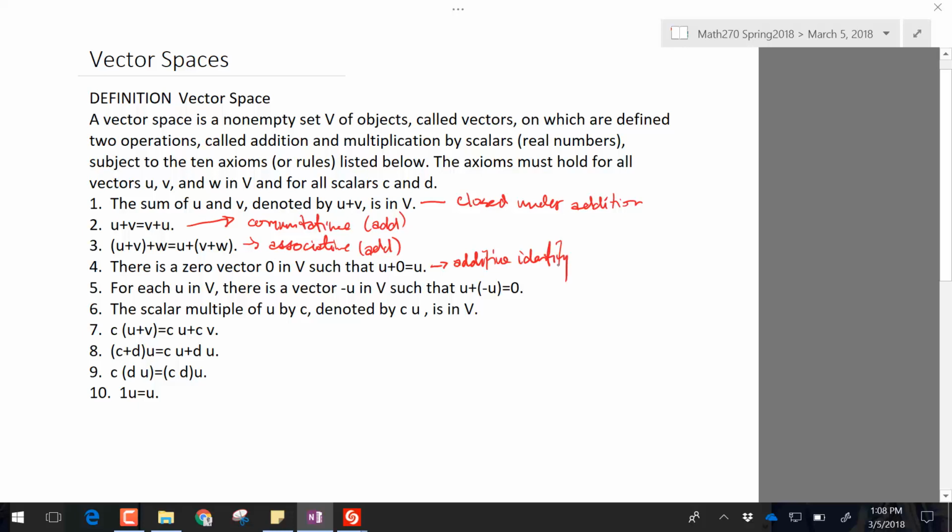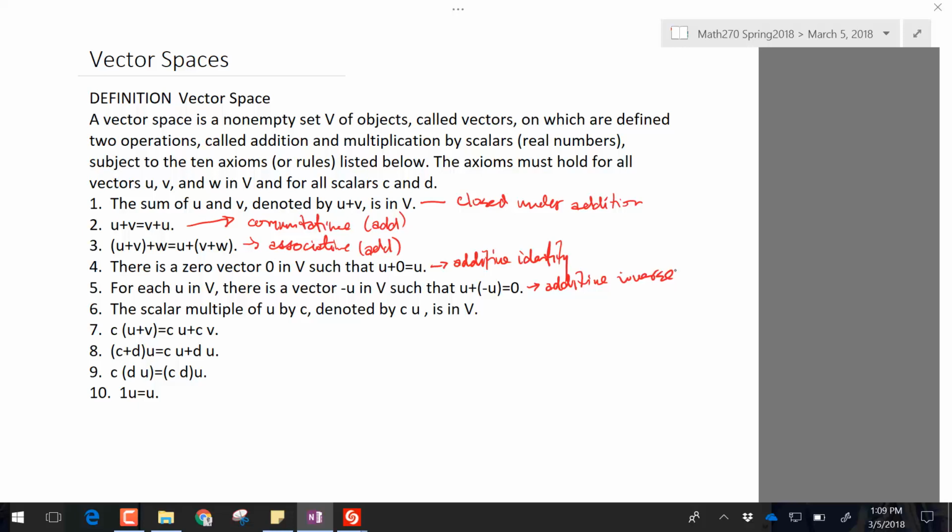That's a 0 vector. And then there's a reverse for addition, which we kind of call subtraction, but technically you're adding a negative number. So this is called the additive inverse. So all these things have to work for addition. So far, pretty straightforward. So far, it seems like it's just like the real numbers, right?